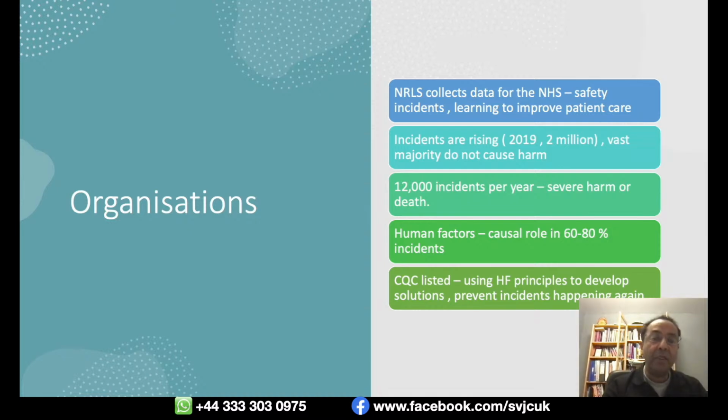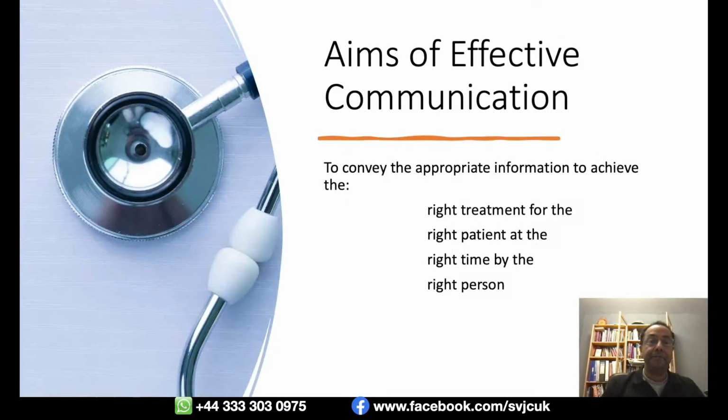The Care Quality Commission actually stresses a lot of importance on human factors, because by understanding the science of human factors, we actually can focus on patient safety and change behaviors of human beings in order to reduce the errors.